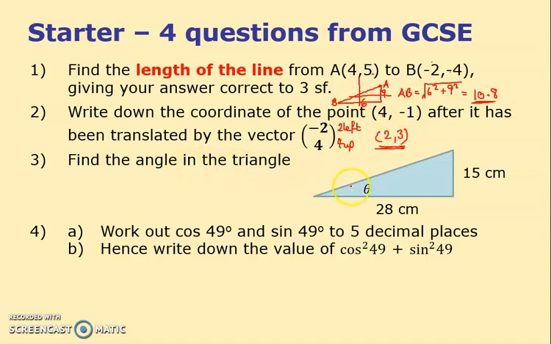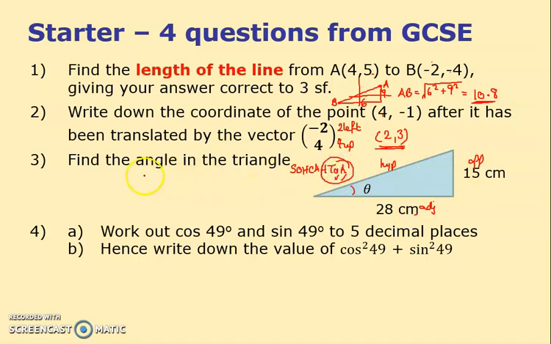Find the angle in a triangle. Well, this is SOHCAHTOA, and you might remember doing this. This is the opposite side and the adjacent side, and this is the hypotenuse. When you do SOHCAHTOA on this, you'll notice the one with the opposite and adjacent is always the tangent.